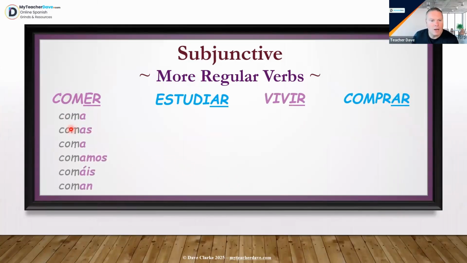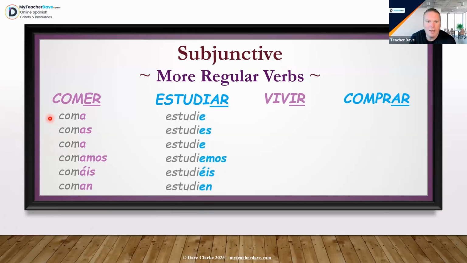So here we are. That's all our endings for the verb comer: coma, comas, coma, comamos, comáis, and coman. For estudiar, we have estudie, estudies, estudie, estudiemos, estudiéis, and estudien.